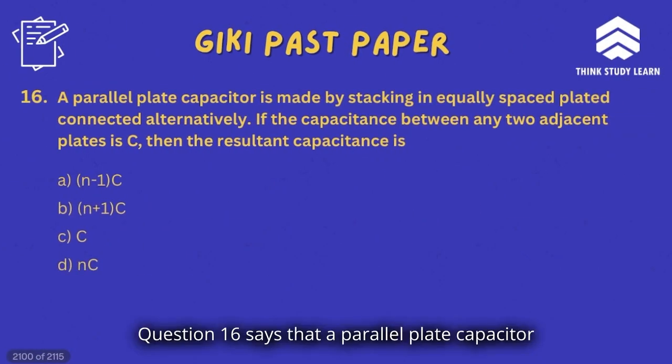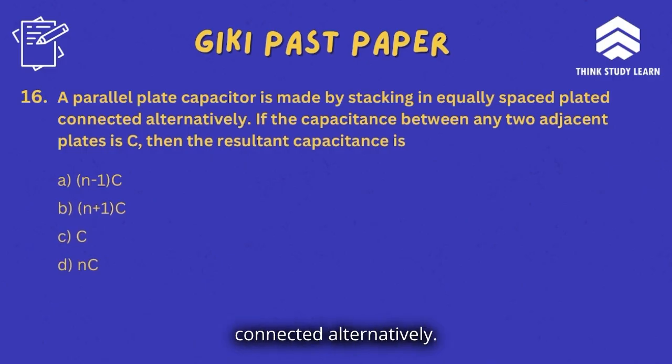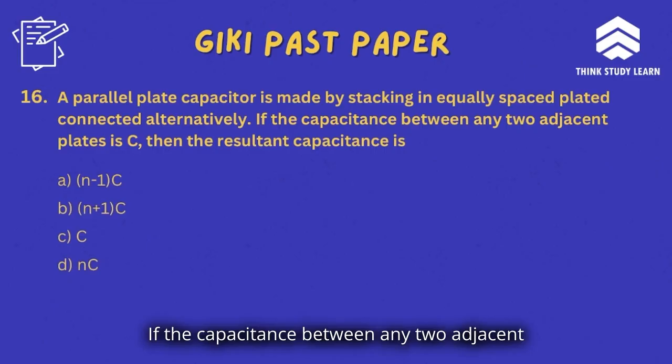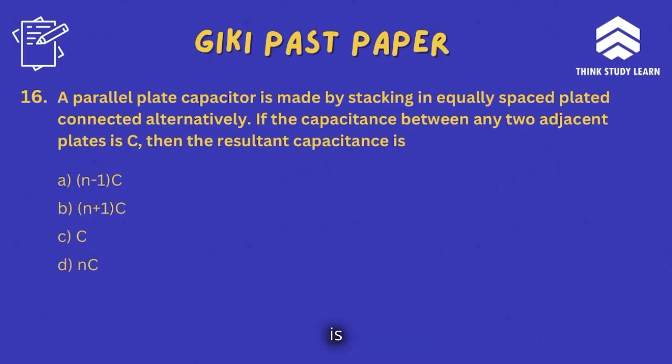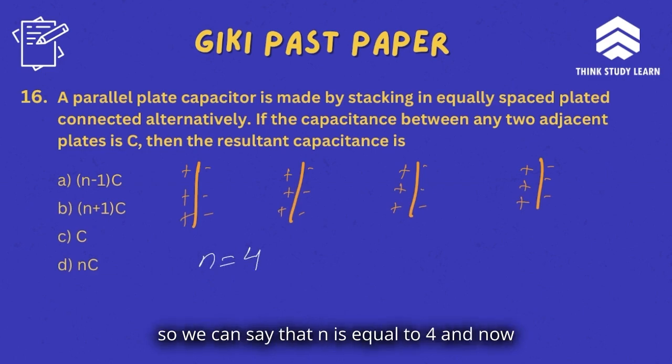Question 16 says that a parallel plate capacitor is made by stacking n equally spaced plates connected alternately. If the capacitance between any two adjacent plates is C, then the resultant capacitance is. Now here I have 4 plates, so we can say that n is equal to 4.